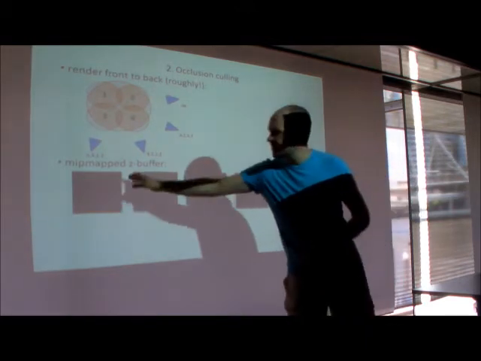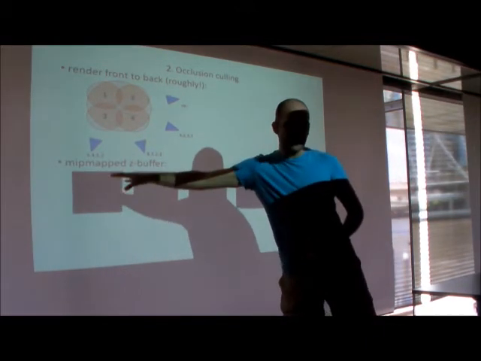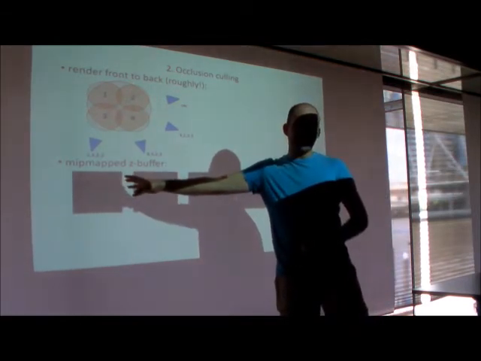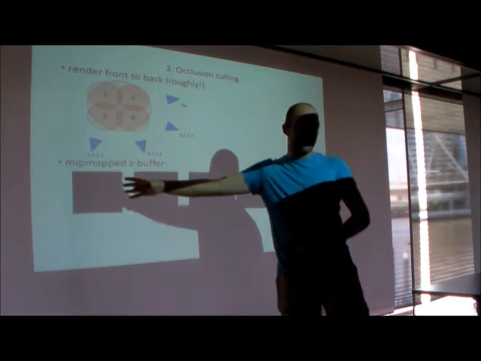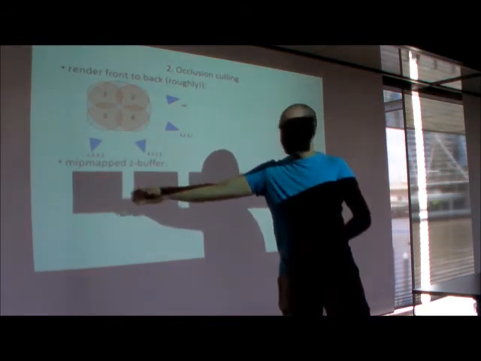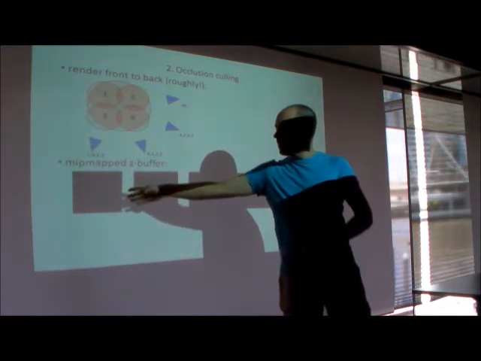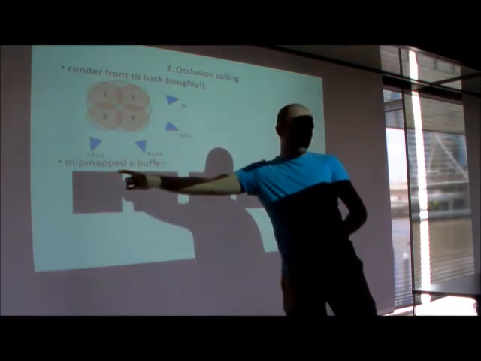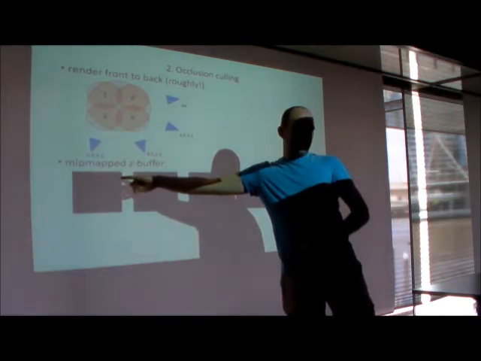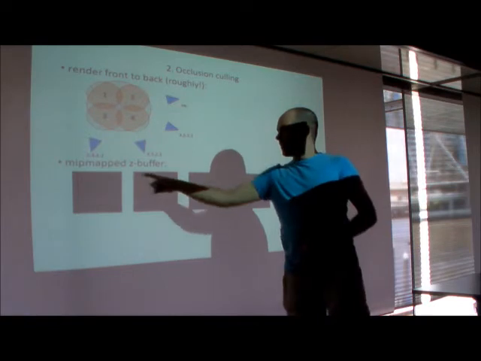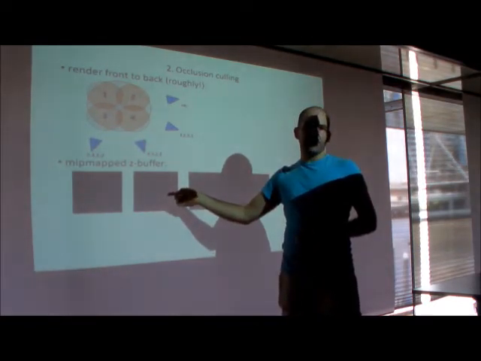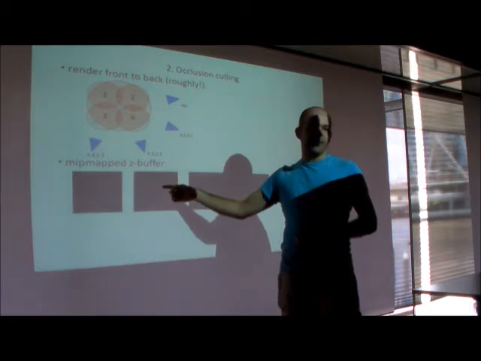So this is a view of a scene where you've got some mountains here. This is your highest resolution image, your highest resolution Z buffer of the scene. So you're storing the data based on how far away it is. Every time you modify a pixel at this highest resolution, if it changes, then you go to the next resolution down, which is half the resolution, and you update it if it's further away.